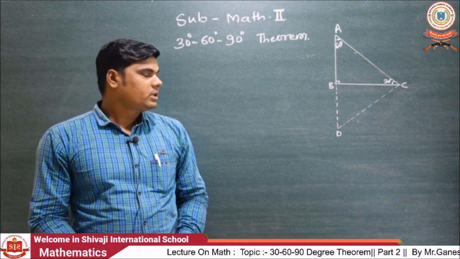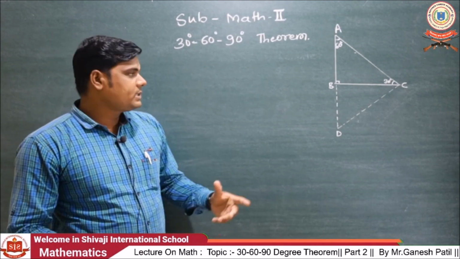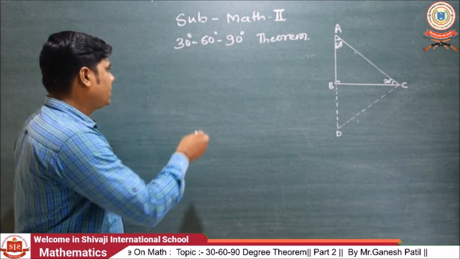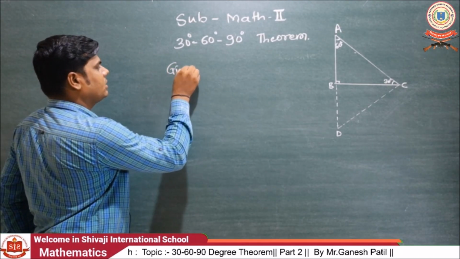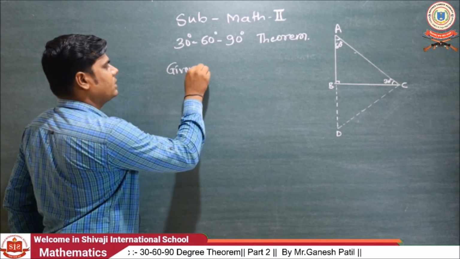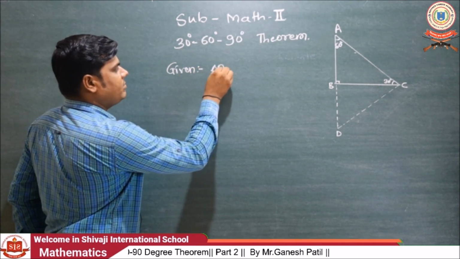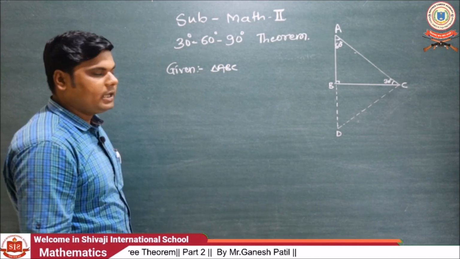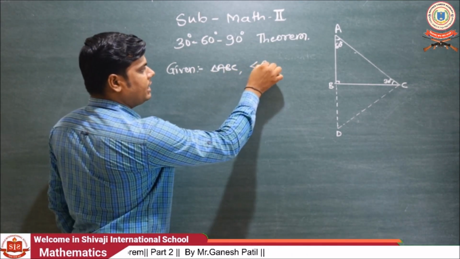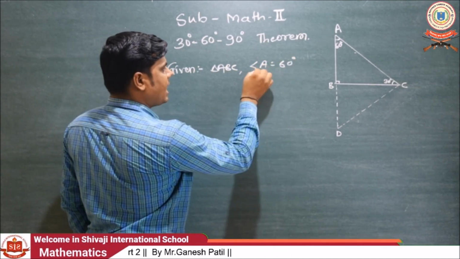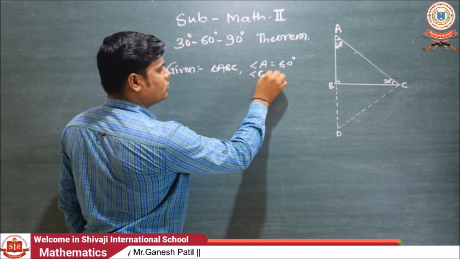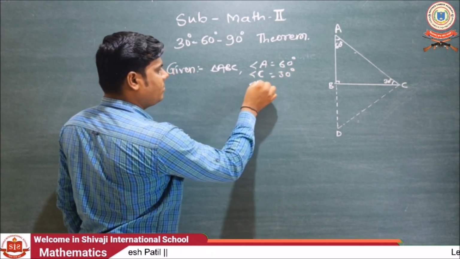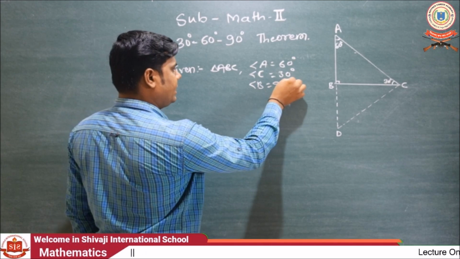See here what the given part is. In triangle ABC, angle A is equal to 60 degrees, angle C is equal to 30 degrees, and angle B is equal to 90 degrees.